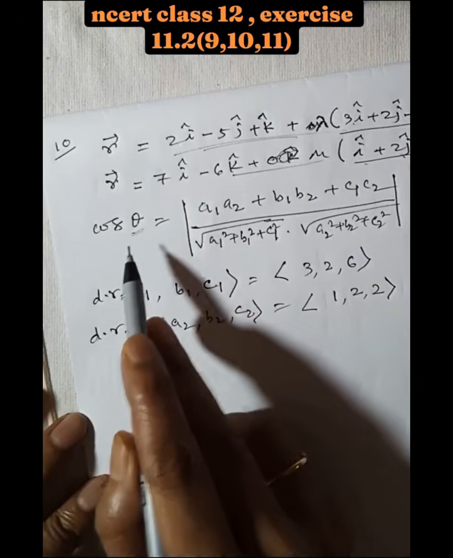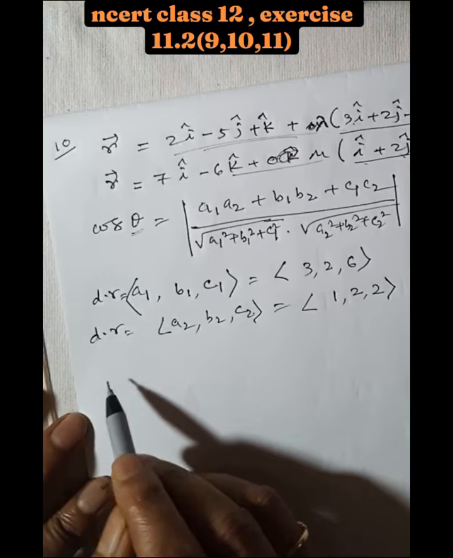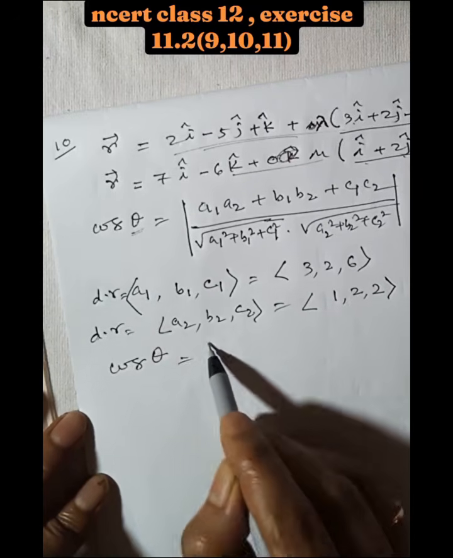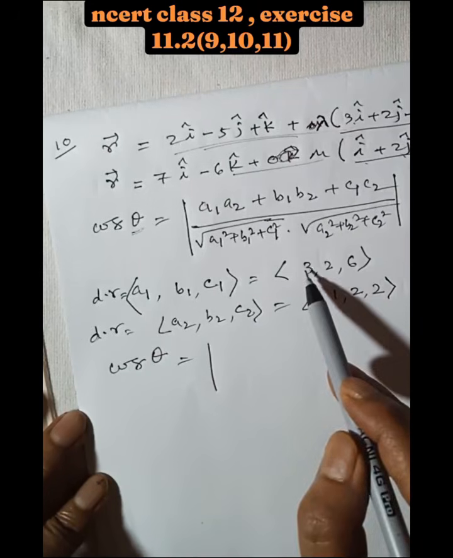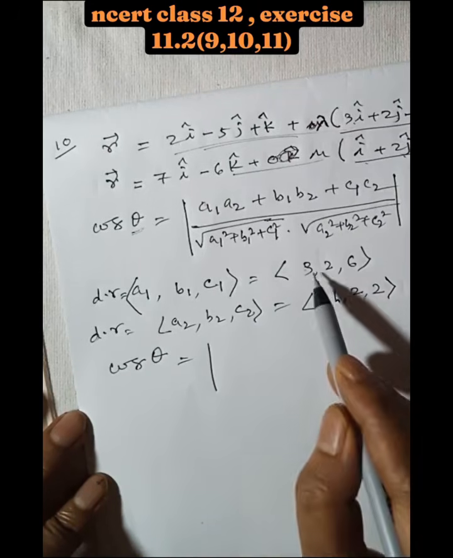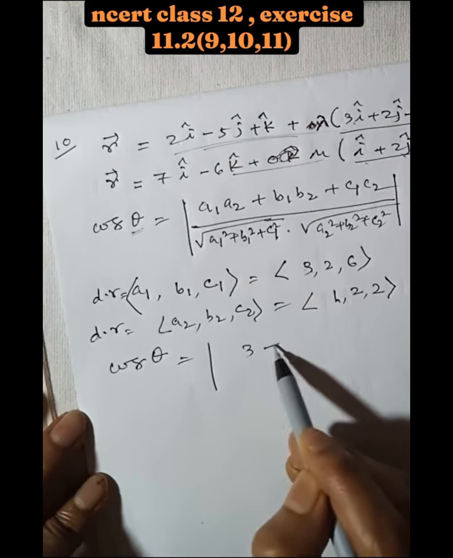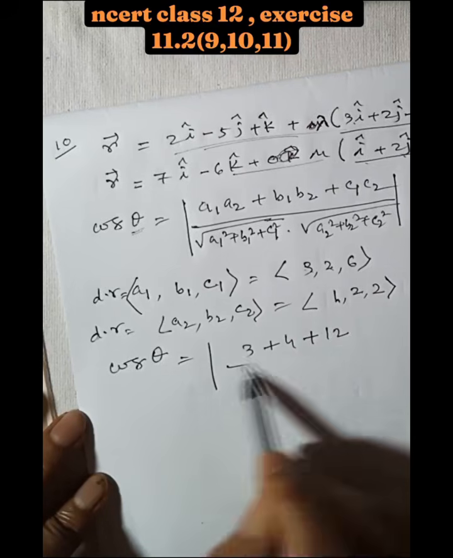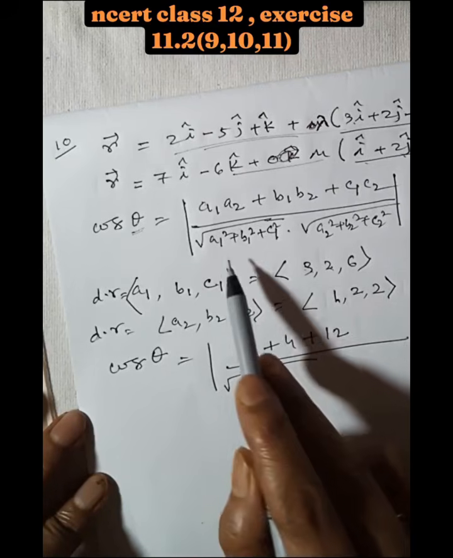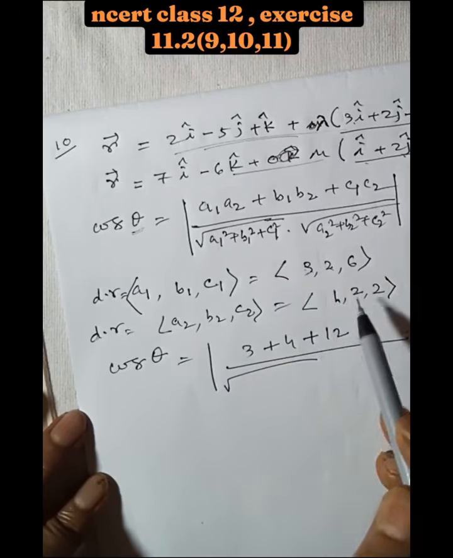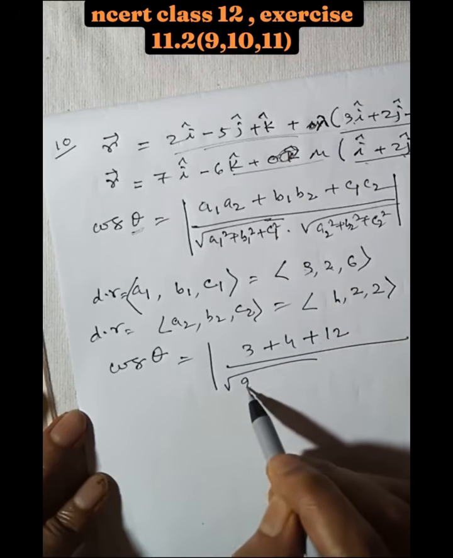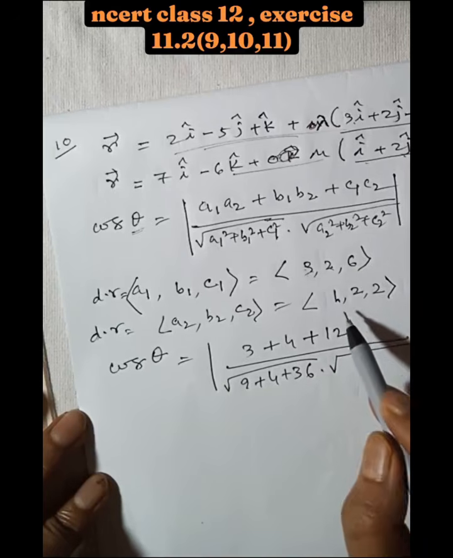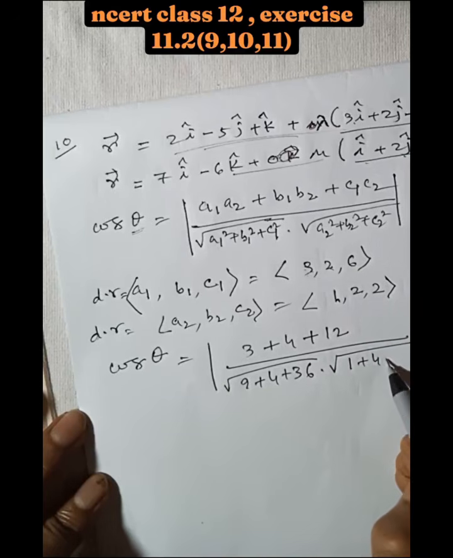Let theta be the angle between the two given lines. So cos theta equals the modulus of 3 into 1 plus 4 plus 12, divided by root over (9 plus 4 plus 36) multiplied by (1 plus 4 plus 4).